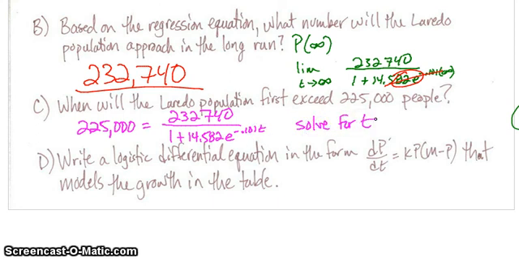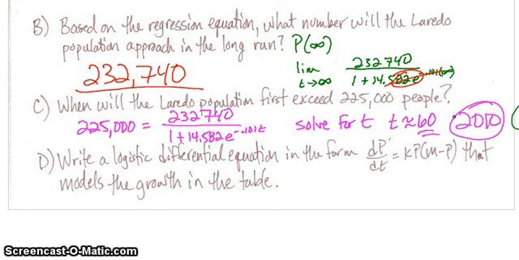Now if you use your calculator, you should get t is approximately 60, and that's from 1950, so the year would be 2010.